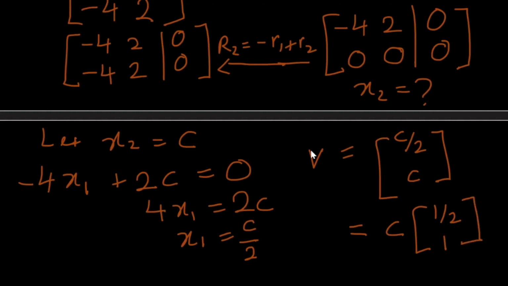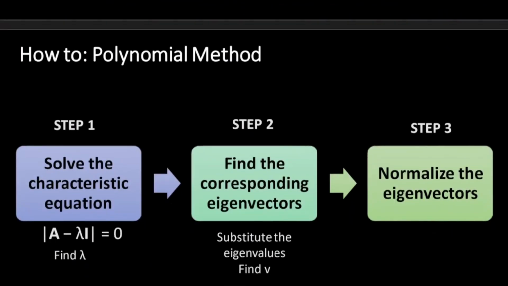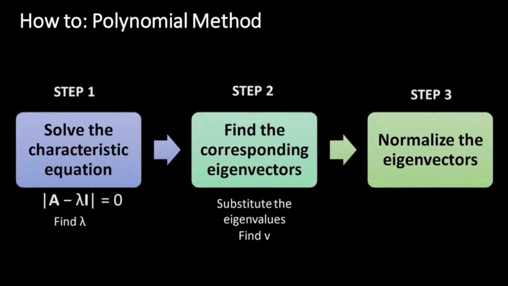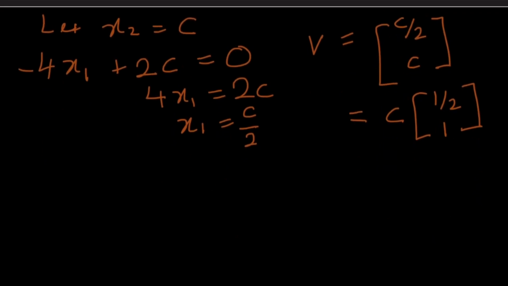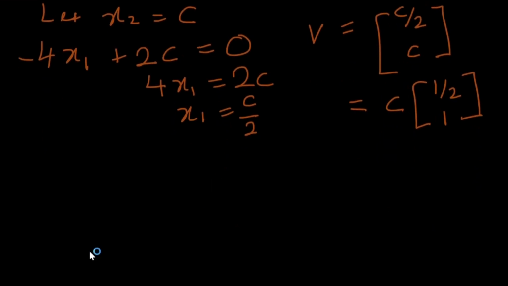So we are not done with the eigenvector yet. We will move on to the final step, which is to normalize the eigenvector. And how we do that is very simple. To normalize the eigenvector, we need to ensure that the largest magnitude of all the elements here must be equal to 1.